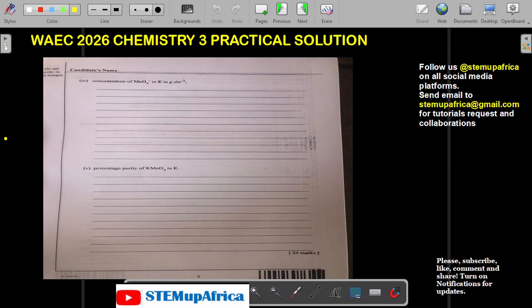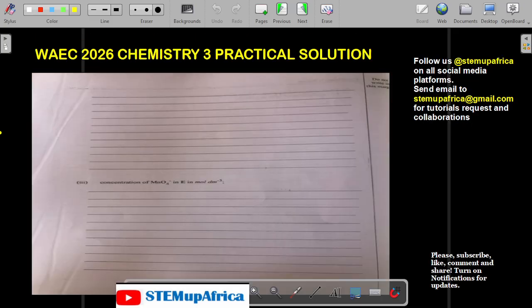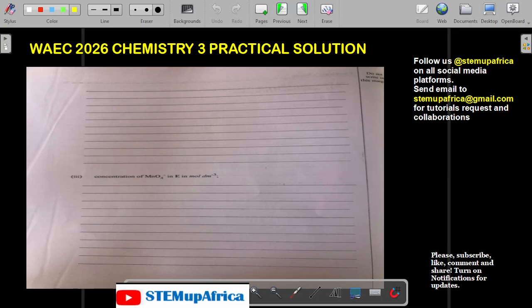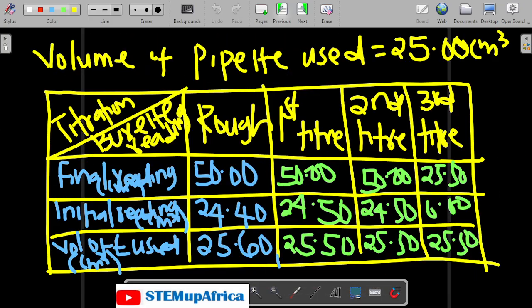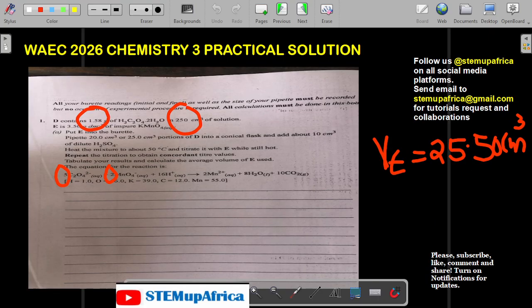We are asked to calculate the percentage purity of E. So we need to get the mass concentration of the impure from the question. Let's check. Okay, the mass concentration of the impure is 3.50.